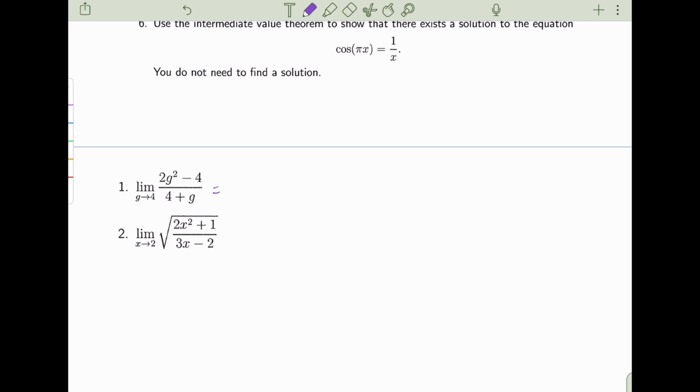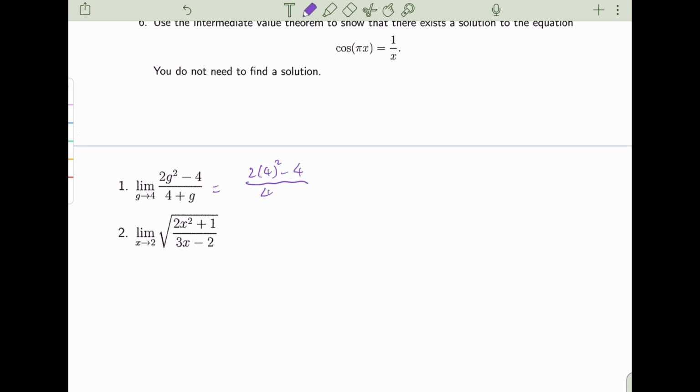The first step is we just plug x equal to 4 into this expression, so that we have 2 times 4 squared minus 4, divided by 4 plus 4. So we have 2 times 16, that is 32, minus 4, divided by 8.